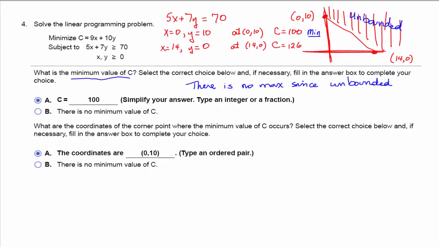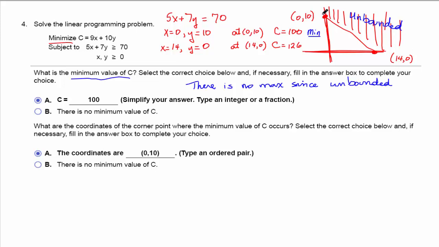All right, and in question 4, we'd like to now minimize something subject to some conditions. So x and y greater than or equal to 0, that's the first quadrant. We have one line, so make x 0, y has got to be 10. If y is 0, solve for x and get x is 14.